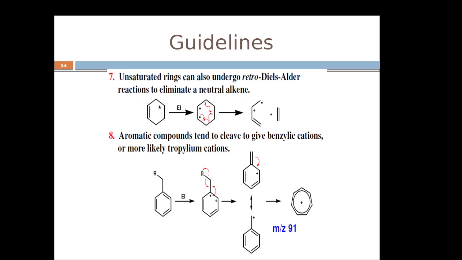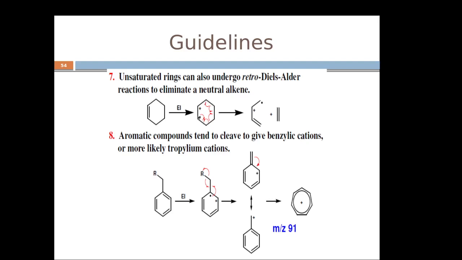What happens here is that when this cyclohexene is hit with an electron beam, the electron beam could take away one of the pi electrons from this bond, leaving a positive character on this carbon and a radical character, or an electron, on this carbon. Here homolytic cleavage can happen to this bond and this sigma bond.